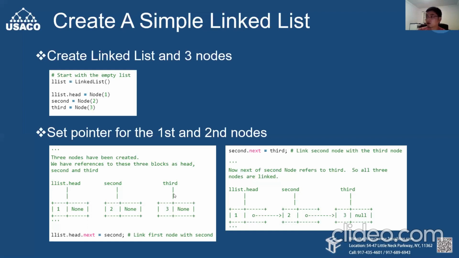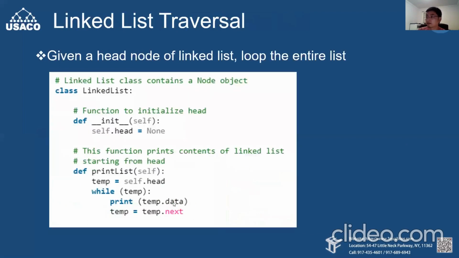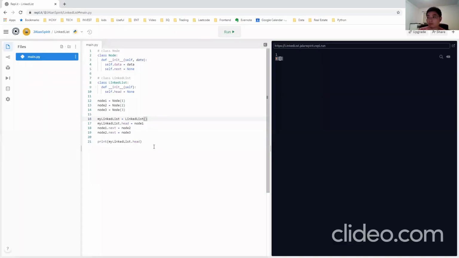Okay, so let me see. Then, what is this? Okay, this is about traversing the whole list. So let me go back to my code. If I have my list equals to 1, 2, 3, 4, how do I loop the whole list?